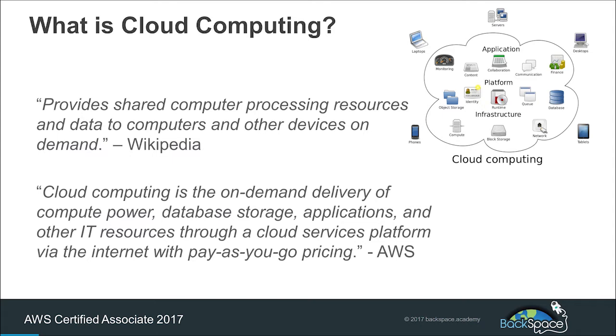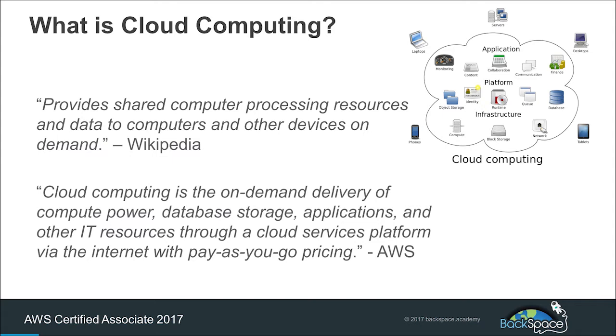So Amazon Web Services has a massive amount of computer processing resources located across the globe, and databases and data storage, and that is available to computers and other devices on demand when needed. And it is shared across literally millions of users. And by doing that, the costs involved in using these IT resources are significantly reduced because it's shared across millions of people.